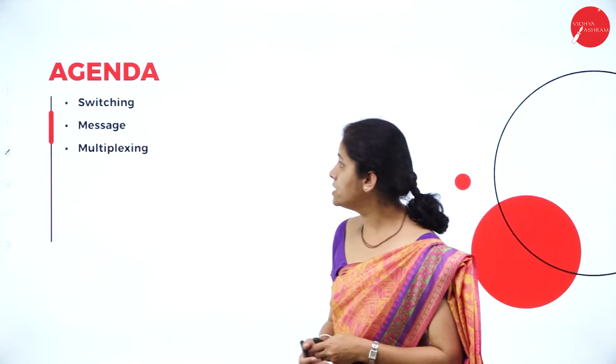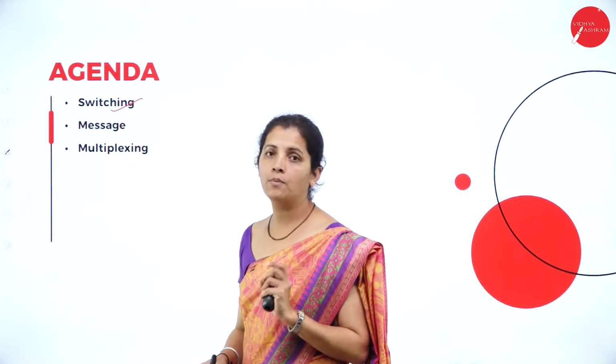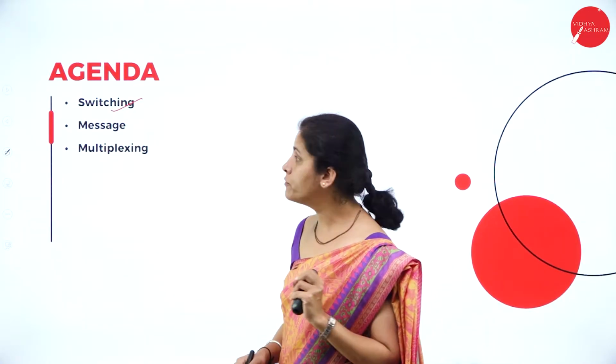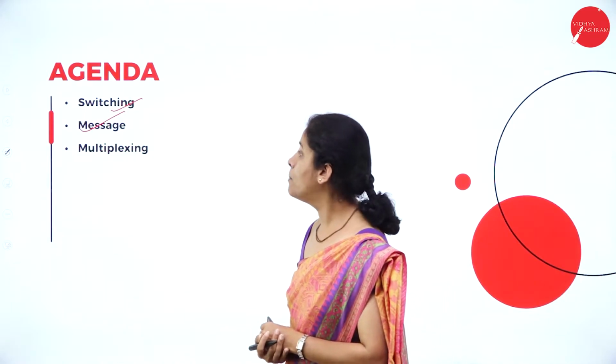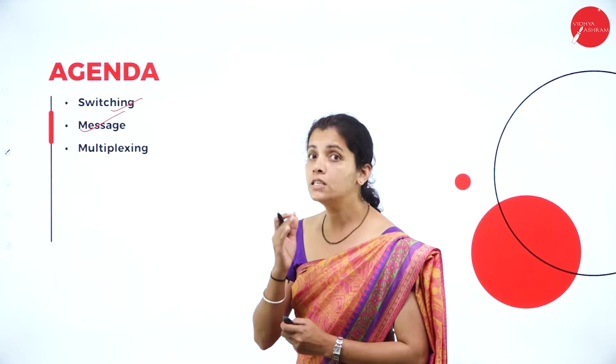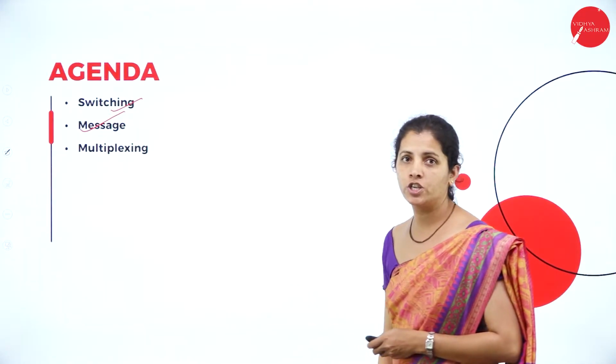But in my today's session, I'm going to deal with switching. In that, I'm going to deal with the type of switching, that is message switching and multiplexing. These are the three topics I'm going to deal in my today's session.